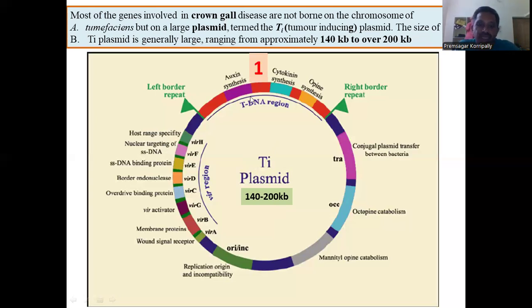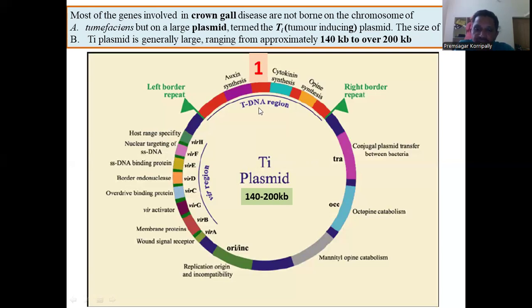Here you see what is called the T-DNA in the TI plasmid. The T-DNA is present between the left border and the right border repeats. These are 24 bp DNA sequences which are conserved among the TI plasmids. So in between the right border and the left border there is a T-DNA region.